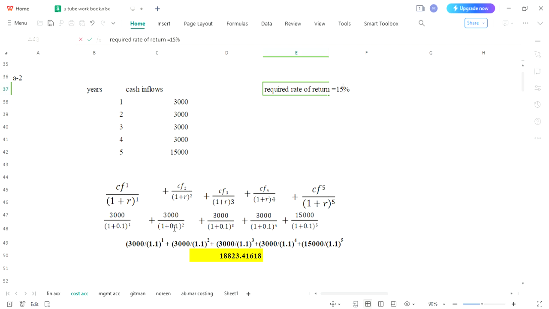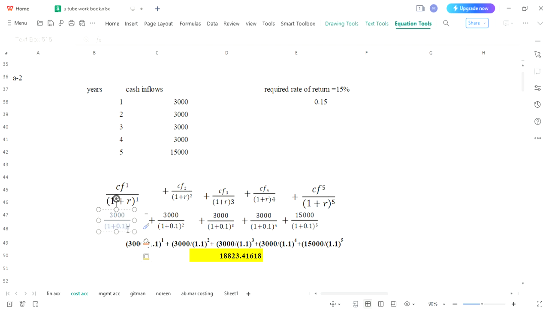The only thing which we would change is 15%. 15% means 15 divided by 100, and you have 0.15. So instead of writing 0.1, we will change everything to 0.15. Please note down how we are changing it. Instead of 10%, we are writing 15%. Nothing else we need to do.